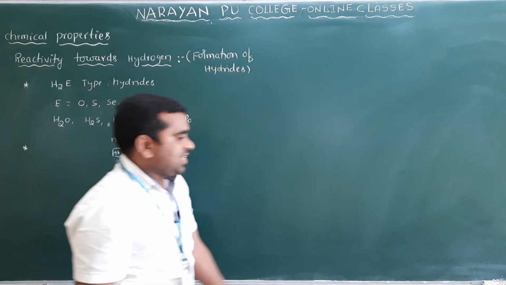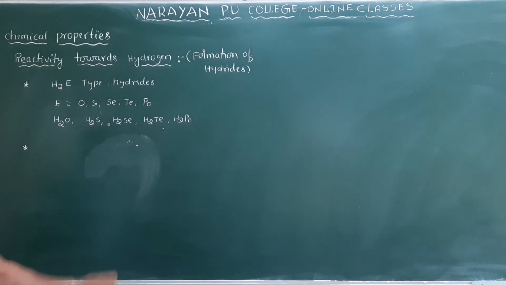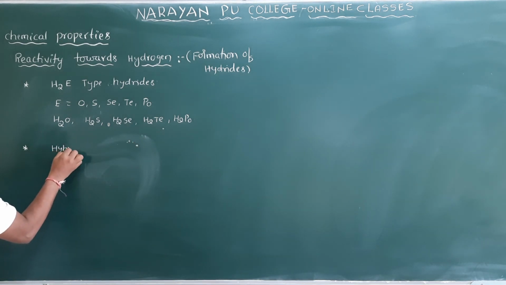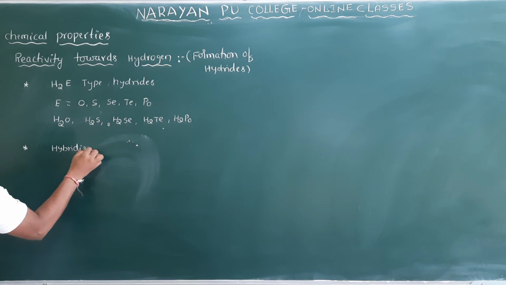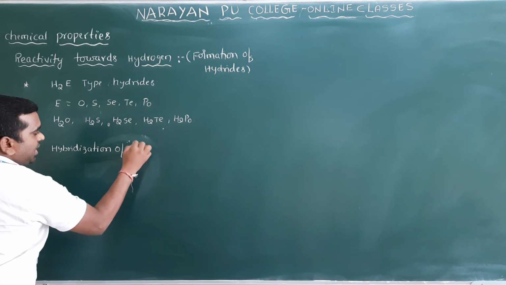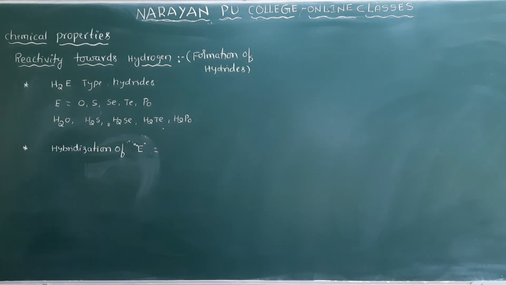First, what is the hybridization of the central atom E? E means oxygen, sulfur, selenium and tellurium.